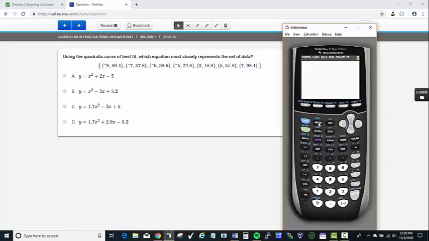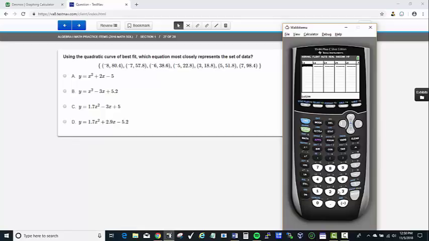Now we need to graph each of these here. So we go to our stat key and we go to edit to punch these in. The first numbers here are going to go under our L1, which is our x values. The second numbers are going to go under L2, which are our y values.